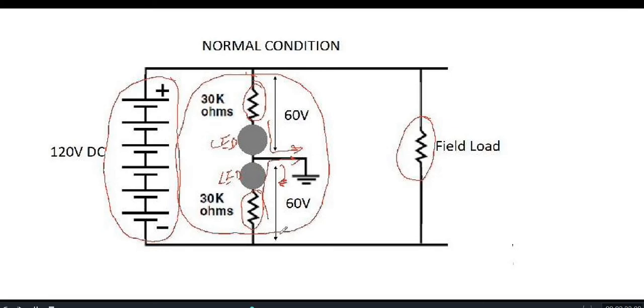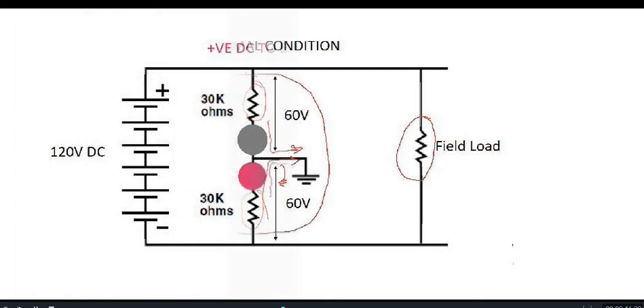So the voltage across the positive DC to the earth is 60 volt, and on the other end, from negative DC to earth, it is also the same. These two resistances are so balanced that there is no leakage current through the earth. Hence in normal condition none of the LEDs glows.